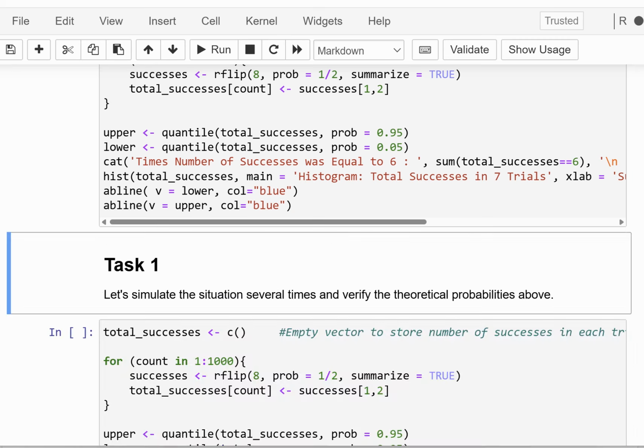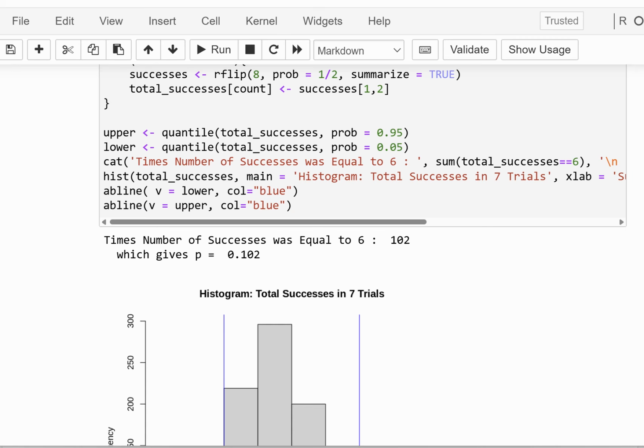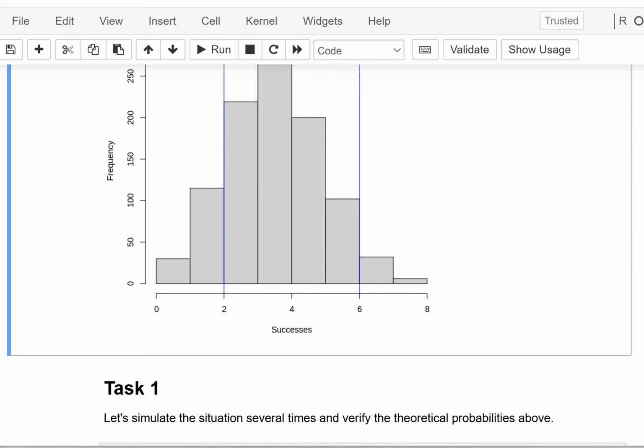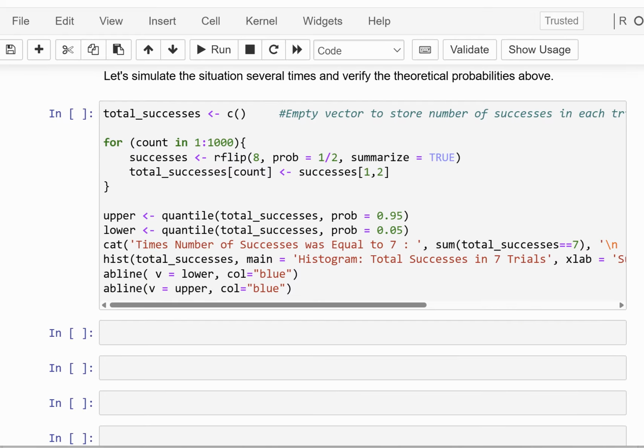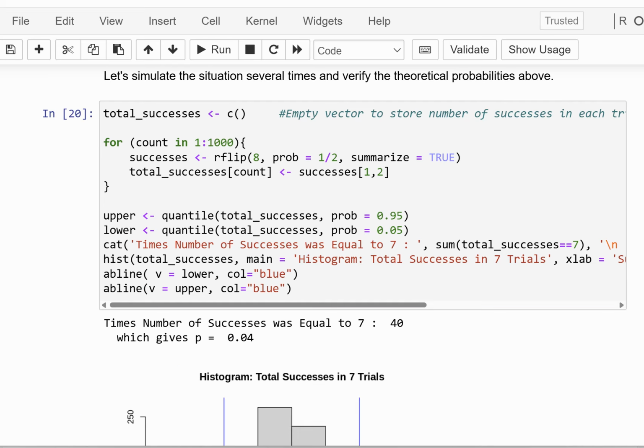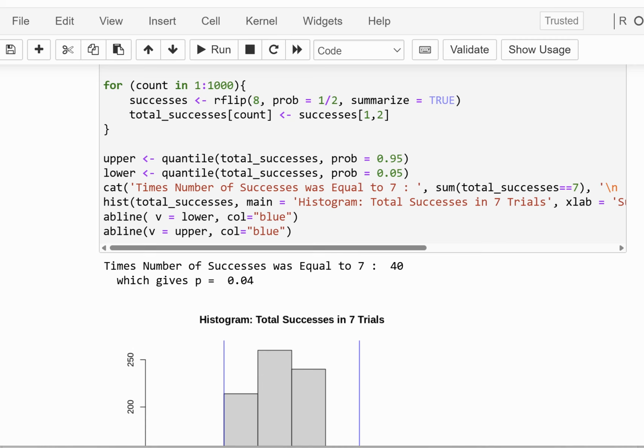And again, we can run this again and notice that before we got 12 and now we're getting 10.2% as our estimated p-value, and the actual value is 11%. So we're getting close, not terribly close, but reasonably close. Okay. And now we're doing the same thing, but for 7 successes. And we're getting 0.04, which is approximately the value we're searching for.